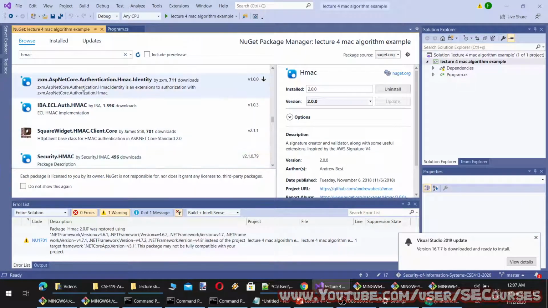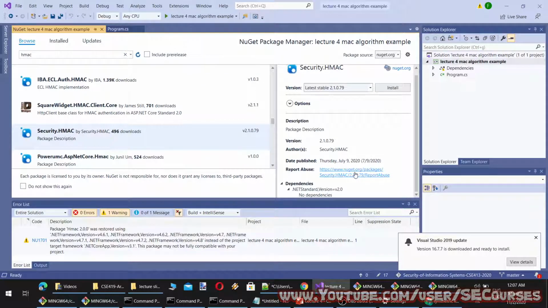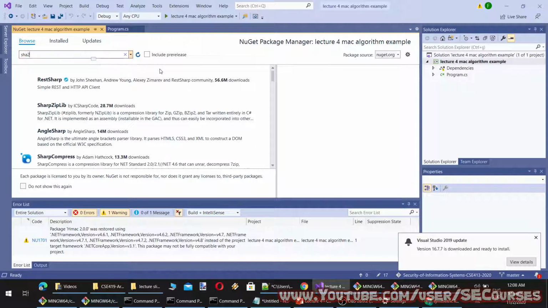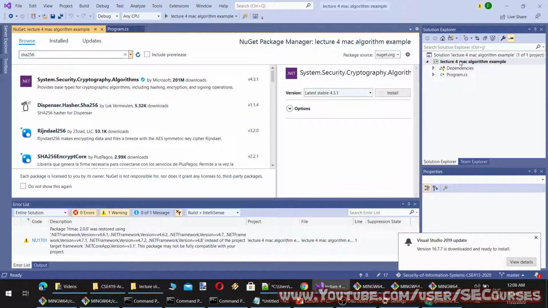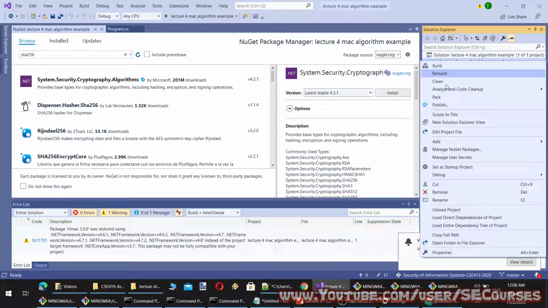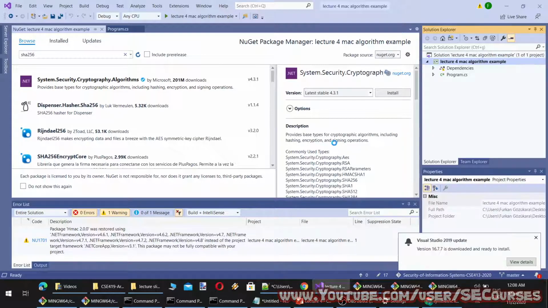Actually we can do this, I think. This would behave the same. I'm going to use SHA-256, or let's say find an example of this. So I am going to add a test text here, a new item.